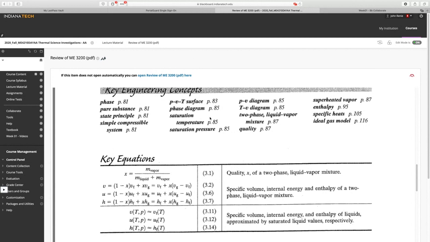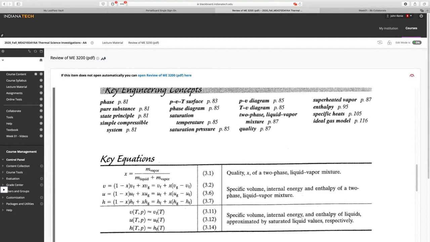As we talked about pure substances, one of the most important things to recognize is that substances have a saturation temperature associated with them, as well as a saturation pressure. These saturation pressures and temperatures are typically referred to as the pressure and temperature for which a pure substance goes through the 2-phase process between liquid and vapor.